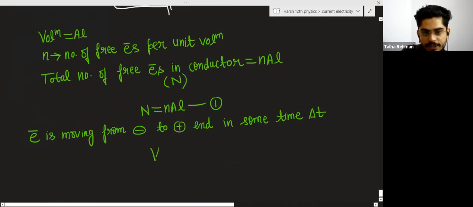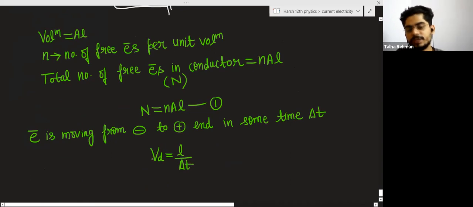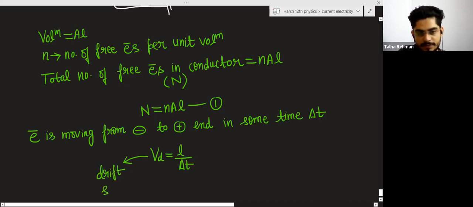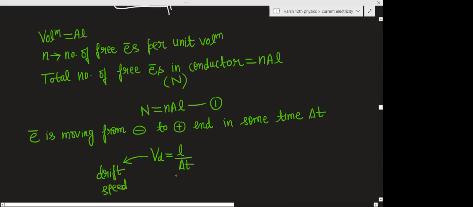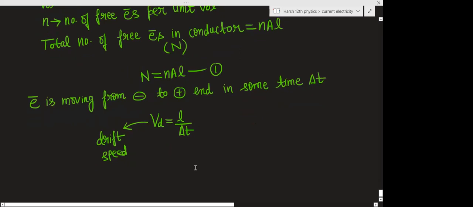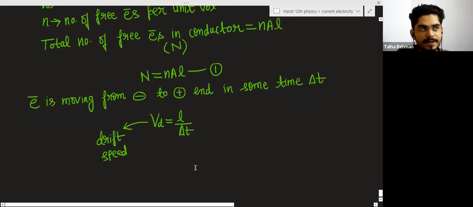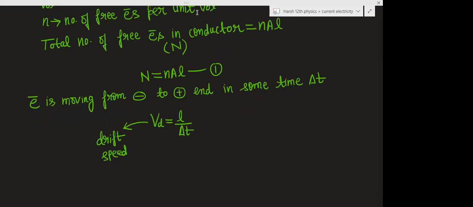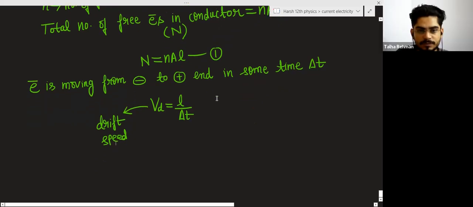So drift velocity can also be written as L divided by delta t. This is drift speed. Drift speed means drift velocity without direction, the magnitude of drift velocity, L by delta t. This is another expression, equation 2.